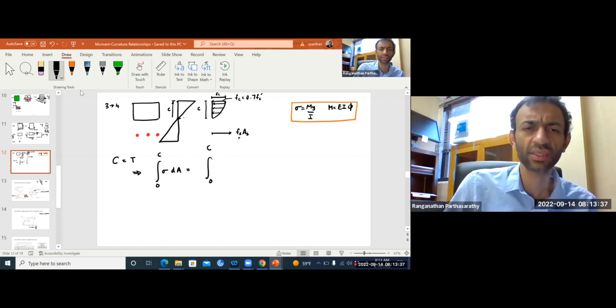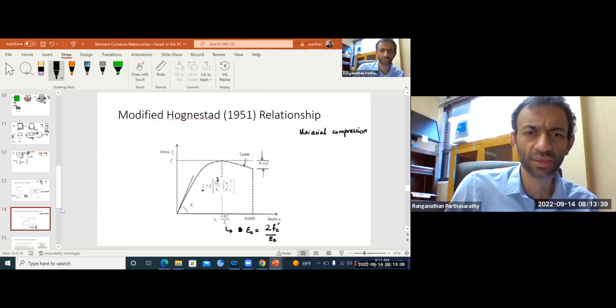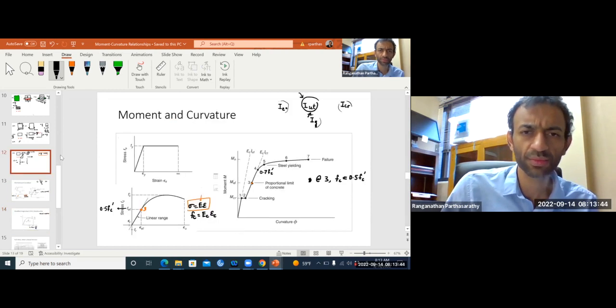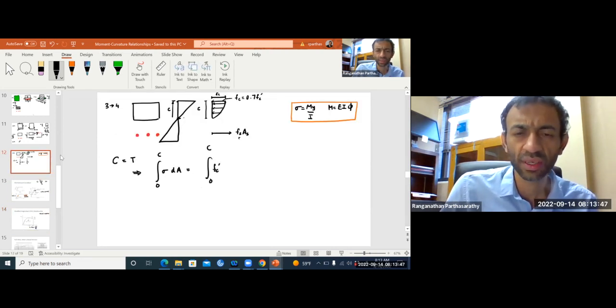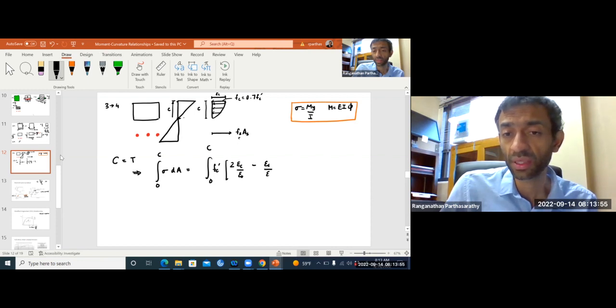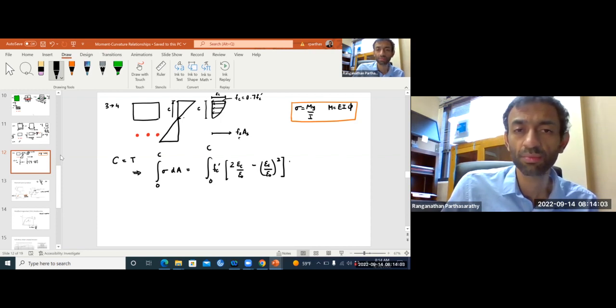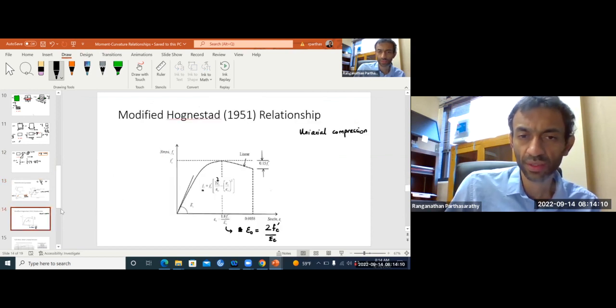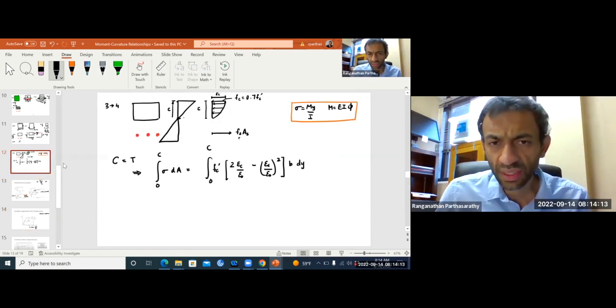What is the concrete stress? You use our Hognestad curve, Fc prime times 2 times epsilon c by epsilon naught minus epsilon c by epsilon naught the whole square. This is our stress times b dy. Now, how do we simplify this?